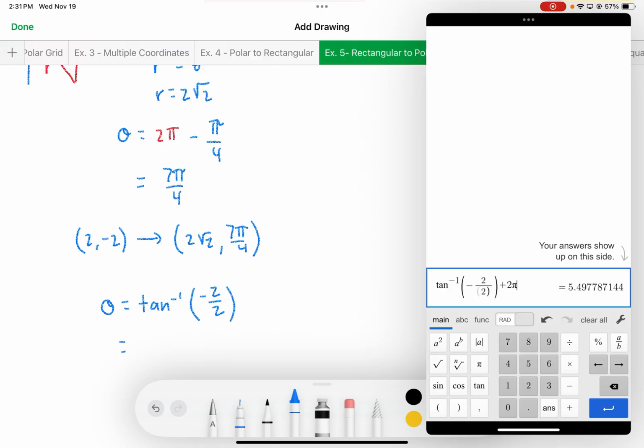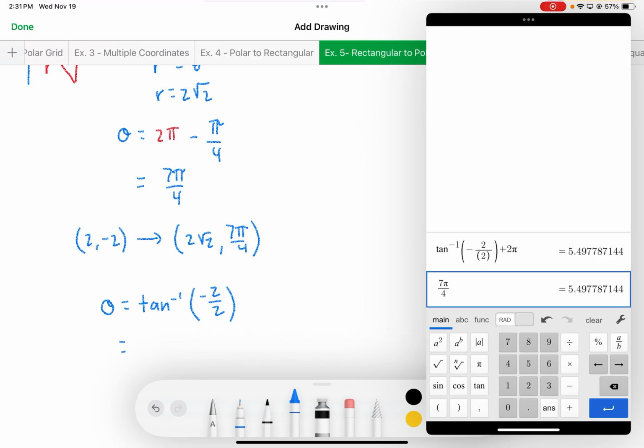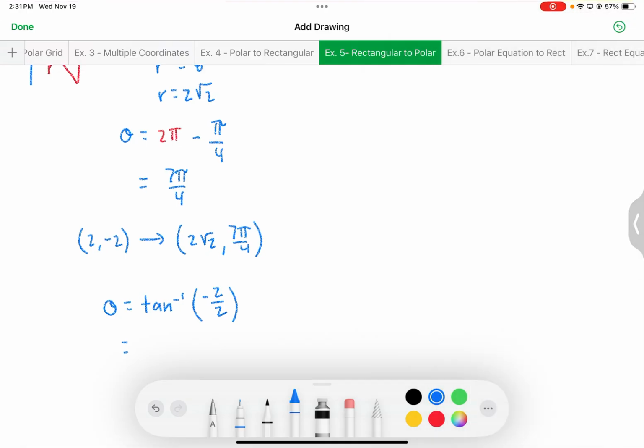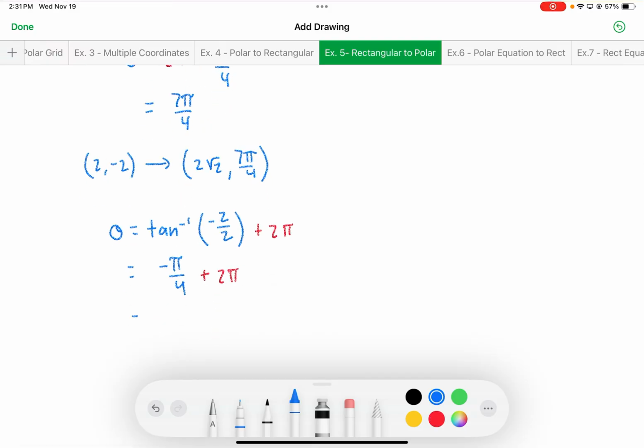That's the approximation for 7 pi over 4. You can verify that. So if you're going to do it that way, the calculator is going to give you negative pi over 4. Adding 2 pi gets you the 7 pi over 4 that you're after.